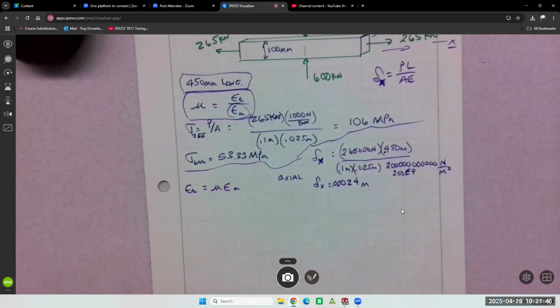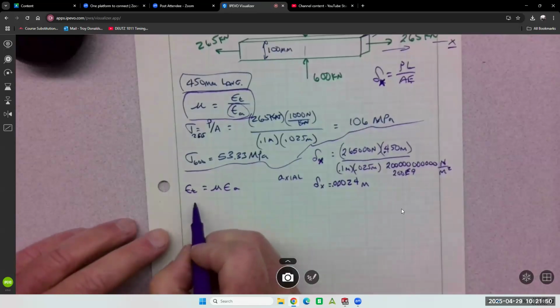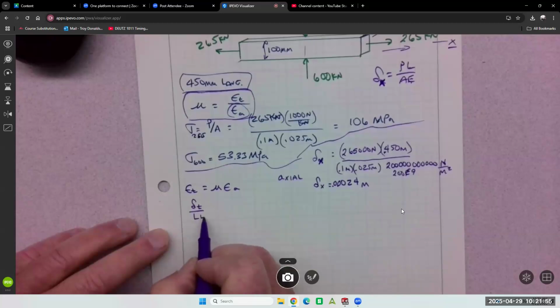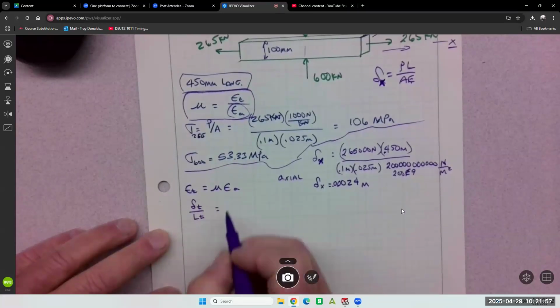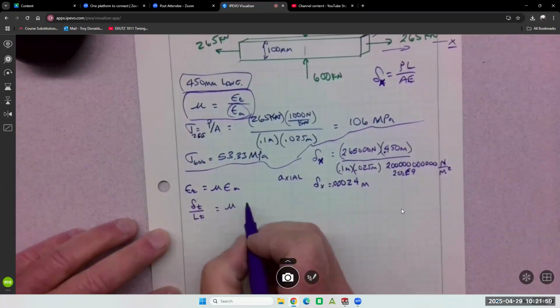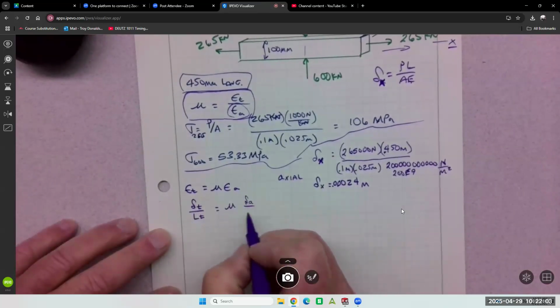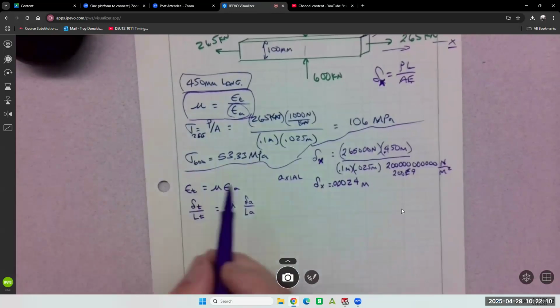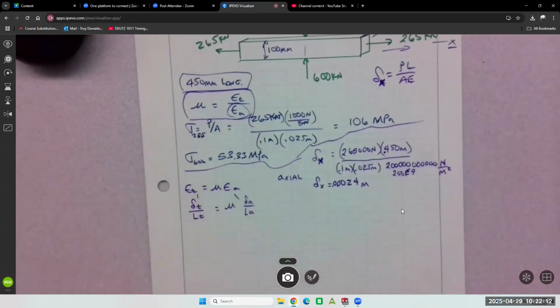And we know strain is delta over L. So the delta of the transverse over the L of the transverse equals Poisson's ratio times the delta of the axial over the L of the axial. So delta over L is strain. So I just subbed these in.